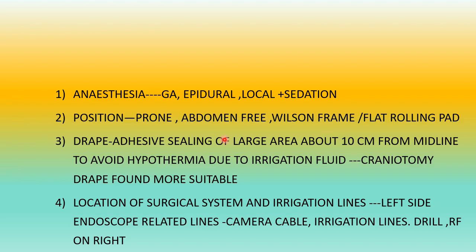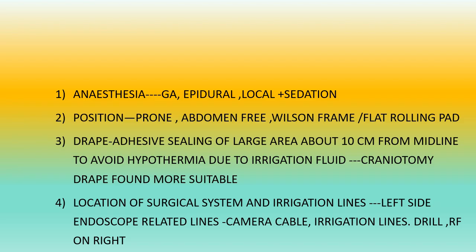Draping is done with adhesive sealing of a large area, about 10 centimeters from midline, to avoid hypothermia, and we do double sealing of the operative area. The craniotomy drape neurosurgeons use is good.